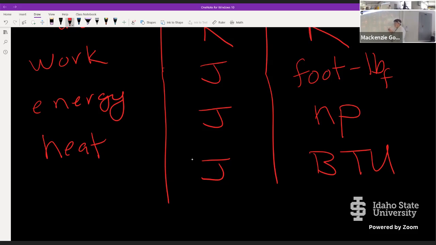The imperial units are called imperial because as everywhere else in the world was doing this SI and metric system, the United Kingdom decided to do their own thing. And then because the United States was largely settled by British immigrants, we kept the imperial units.